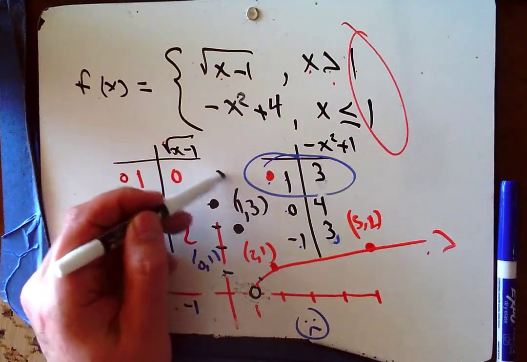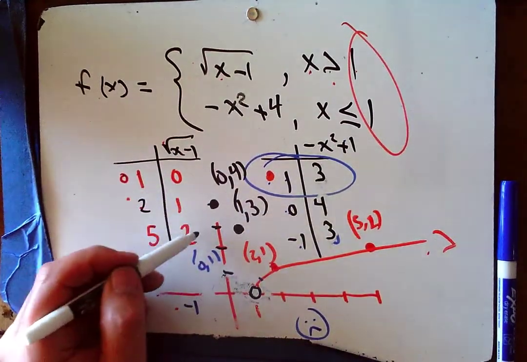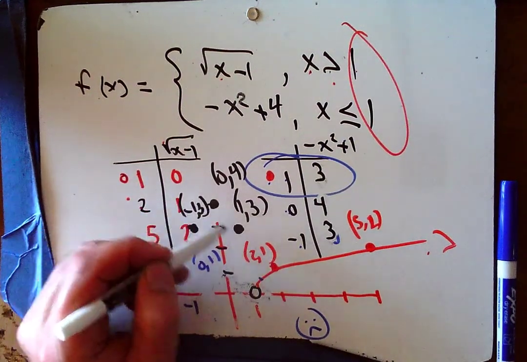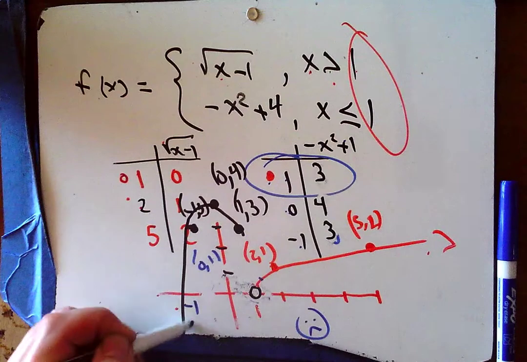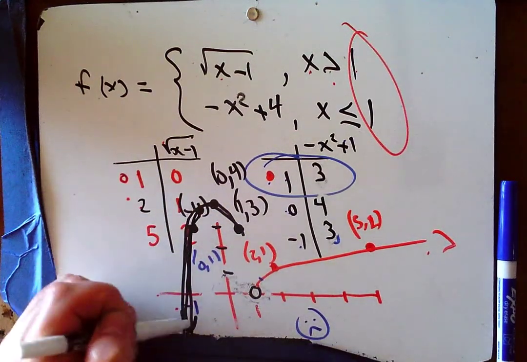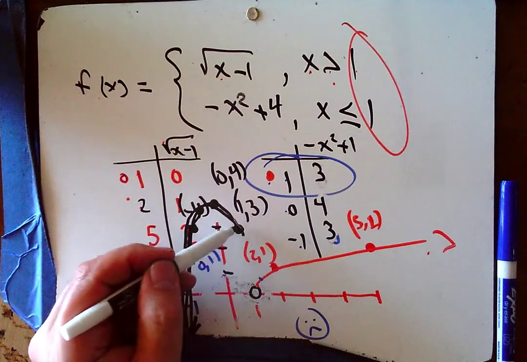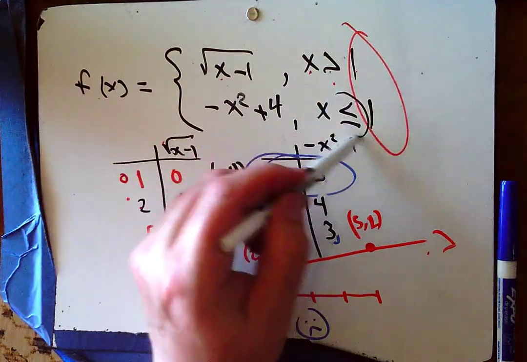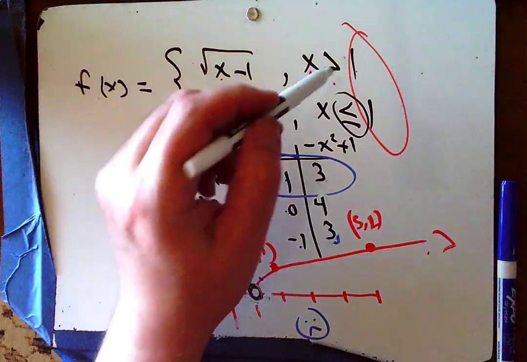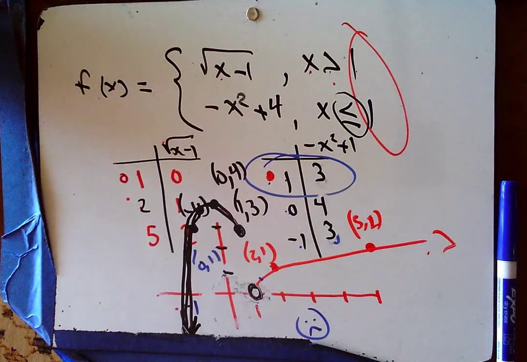At 0, 4, I have a point. And at negative 1, 3, I have a point. And we're down pointing for apple here. Okay? Closed circle, because I could be equal to, and open circle, because I just go up to 1.